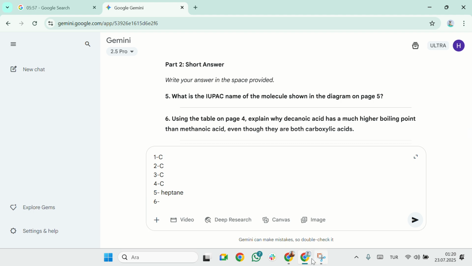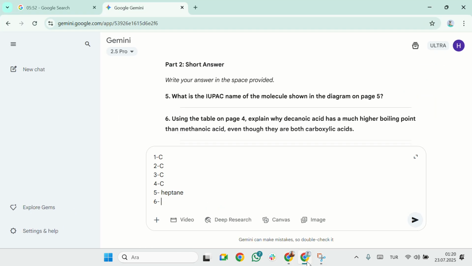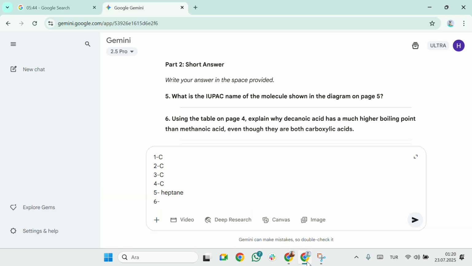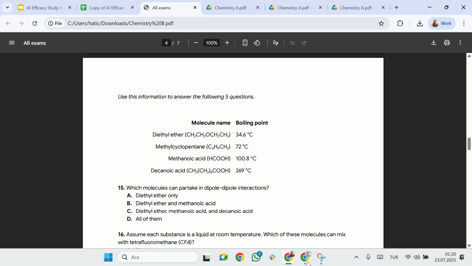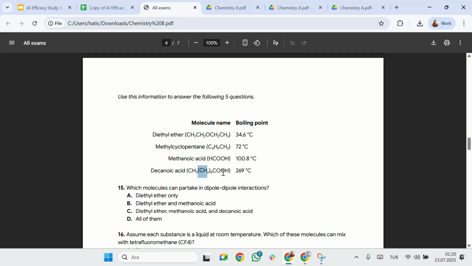Using the table on page 4. Okay. Explain why decanoic acid has a much higher boiling point than methanoic acid, even though they are both carboxylic acids. Oh, okay. Methanoic acid and decanoic acid. So the last 2.